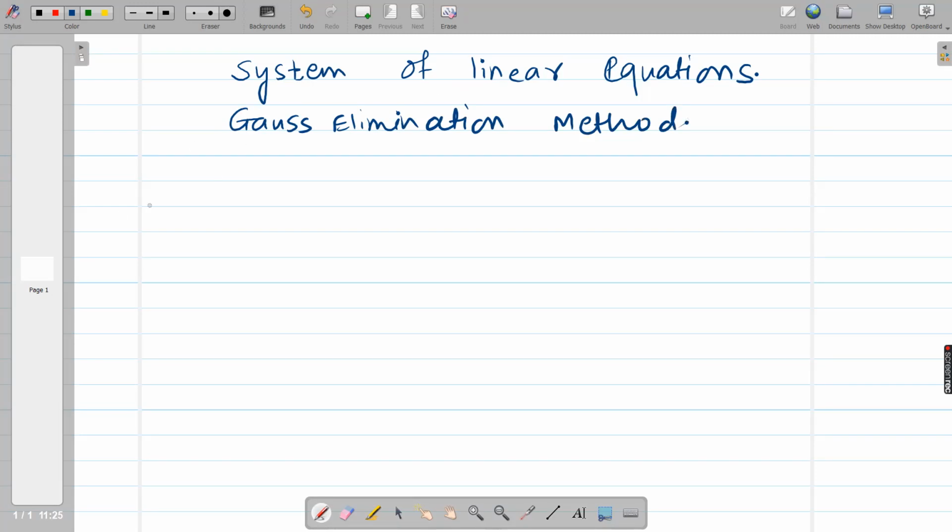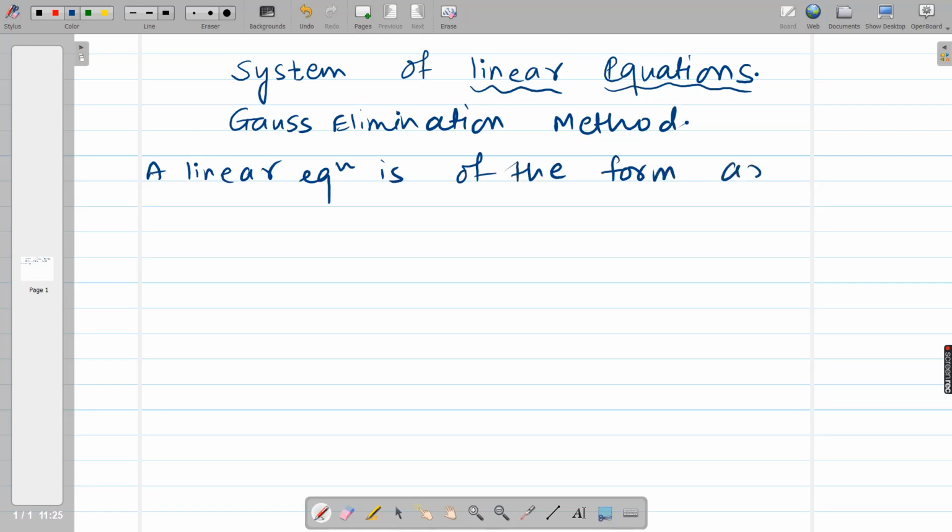So let us first see what is a linear equation. A linear equation is of the form ax plus by is equal to c. If you observe here, both the variables are of degree 1.